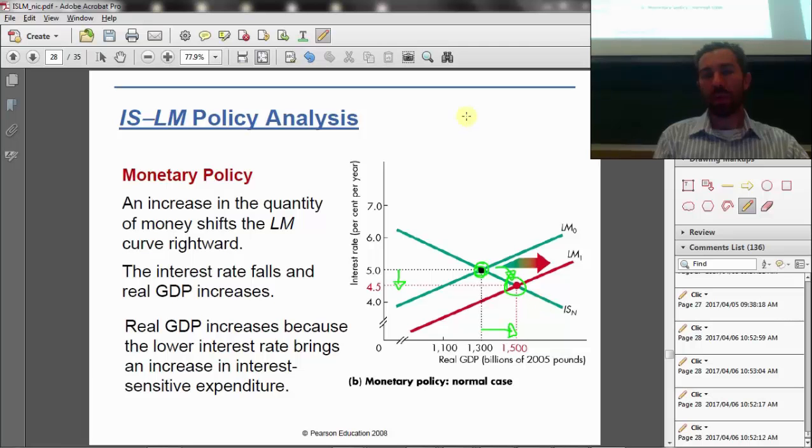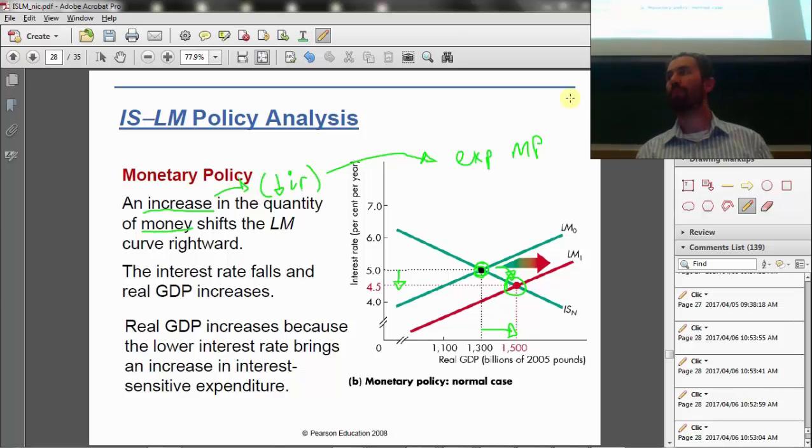So this would be an expansionary monetary policy. Increasing the money supply is expansionary monetary policy. It lowers the interest rate as well. So an increase in money supply, in other words a decrease in the interest rate, is expansionary monetary policy. Okay. Any other questions?